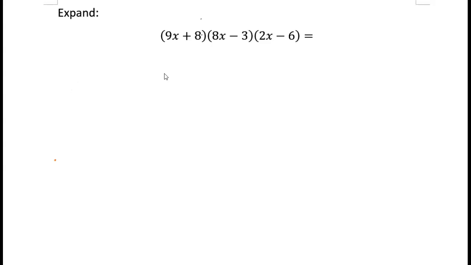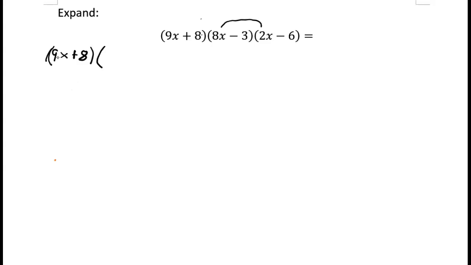So we would basically write the first term, that would be 9x plus 8, like that. And now we would start multiplying these 2 terms like we have done in the previous video. So let's start multiplying.